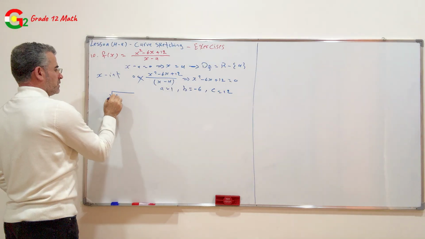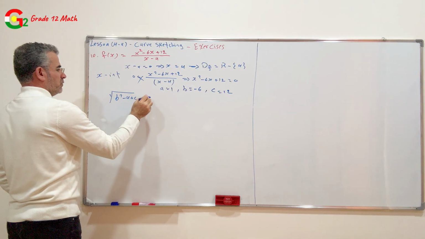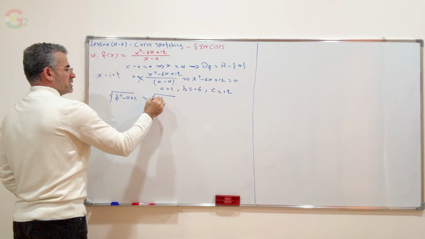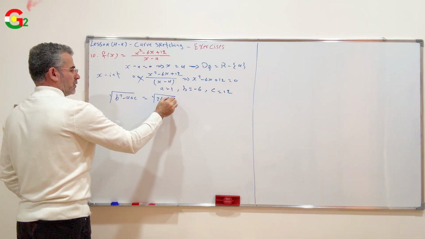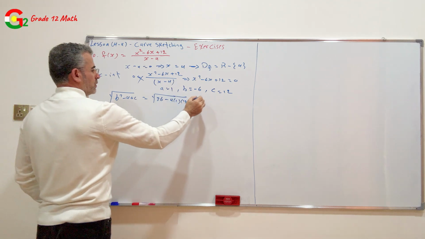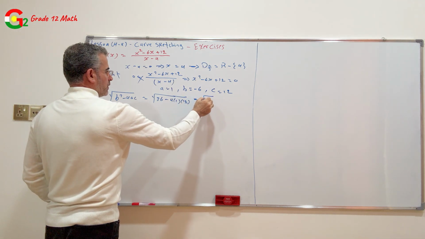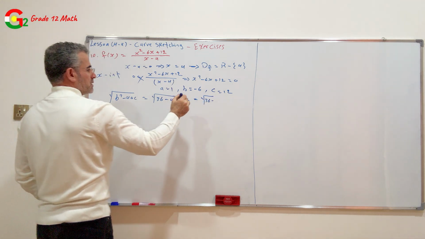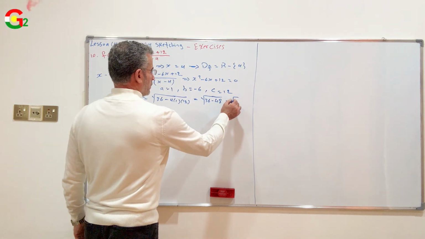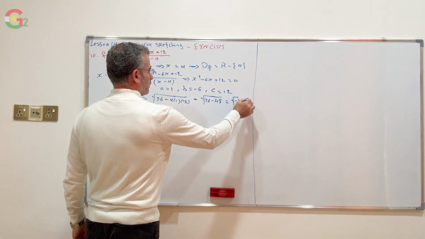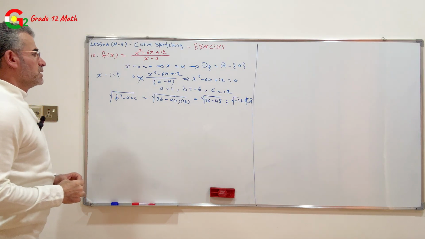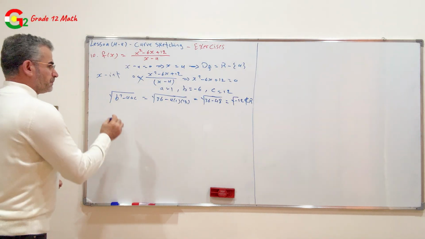Square root of B square minus 4AC equals square root of 36 minus 48, equals square root of negative 12, not a real number. Therefore, there is no x-intercept.